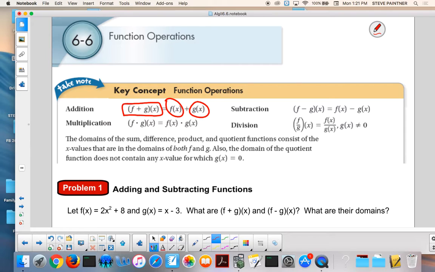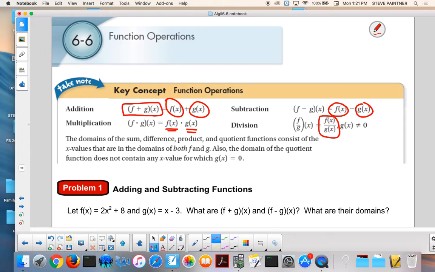F of x plus g of x is addition, where subtraction would be f of x subtract g of x. You can think it through, or you can write it on paper like I just did, and then we'll plug the functions in just a second. This one is f of x times g of x for multiplication, and division is just going to be written like this: f of x divided by g of x.